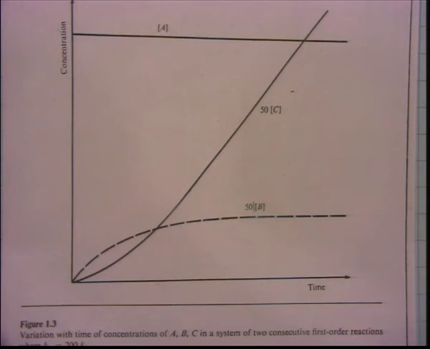This is not equilibrium, because again we are not talking about reverse reactions and things like that, but concentration of B, number one, remains small, number two, appears to achieve some kind of a steady state. Is C achieving a steady state?